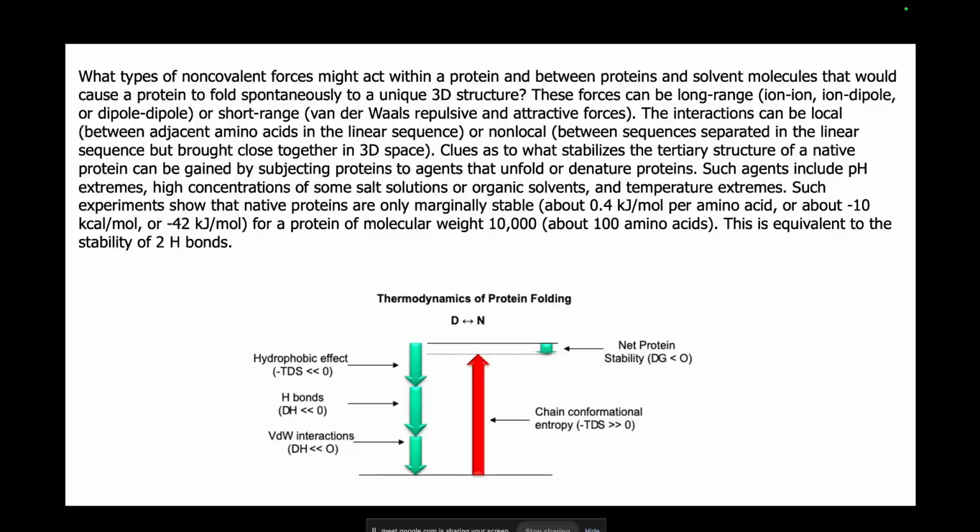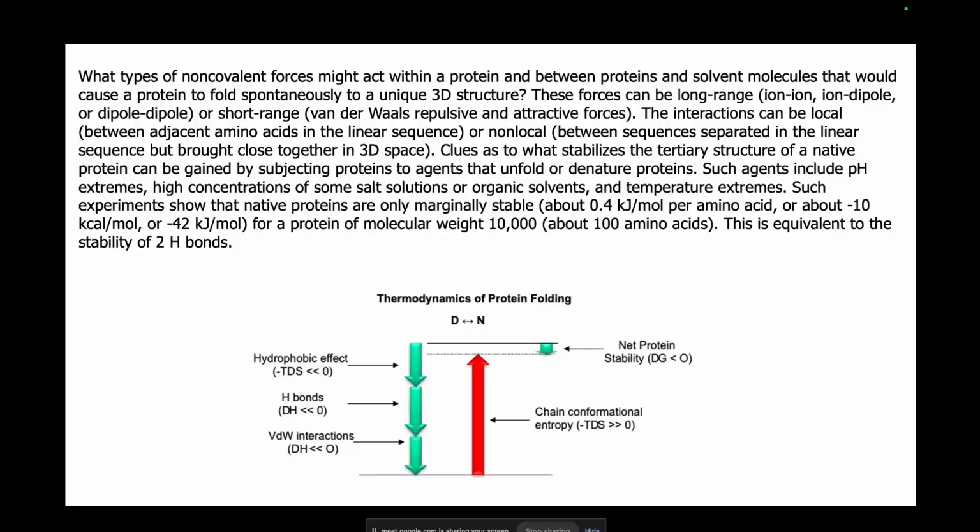But there is something called chain conformational entropy, which increases the delta G of the protein itself. So the net delta G, basically the net energy stored because of the stable protein, is quite low. It's almost at the level of two hydrogen bonds.